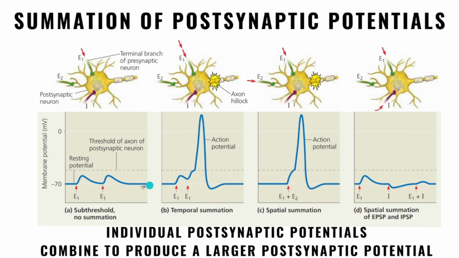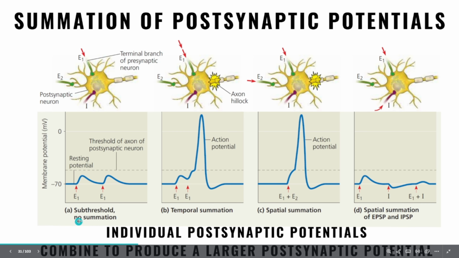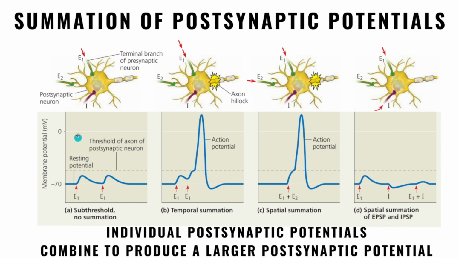So this diagram is a summary of the postsynaptic potential. When the postsynaptic membrane receives the stimulus from the synapse, if the membrane potential does not reach the threshold level, then the postsynaptic membrane does not have any action potential.